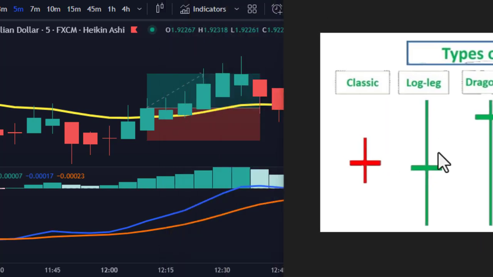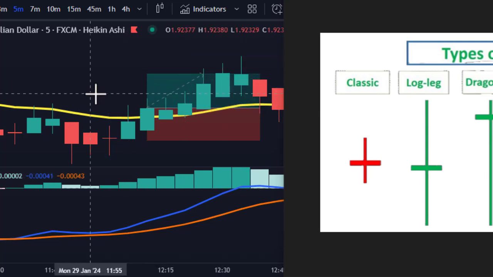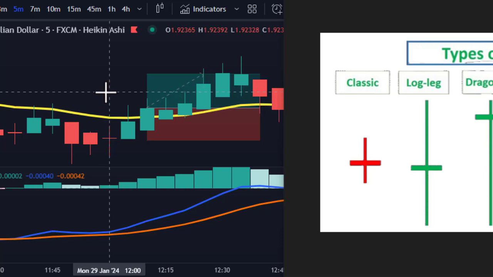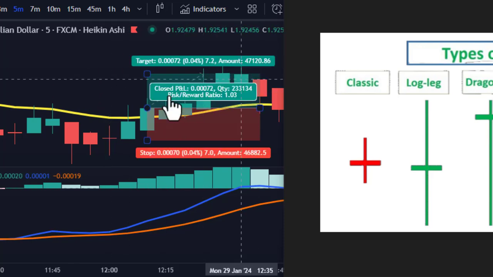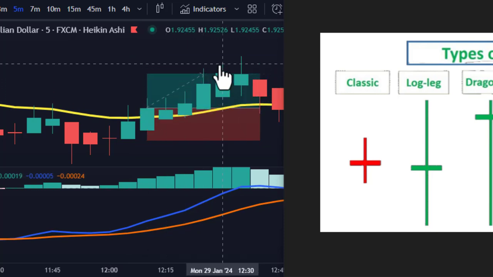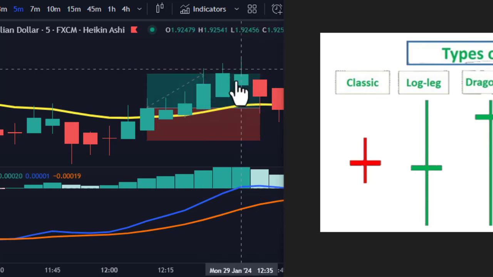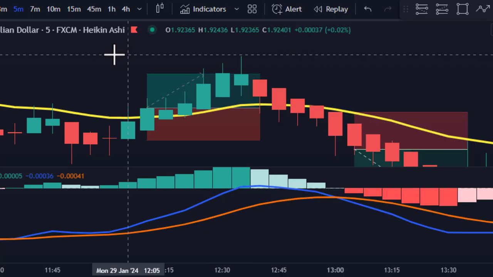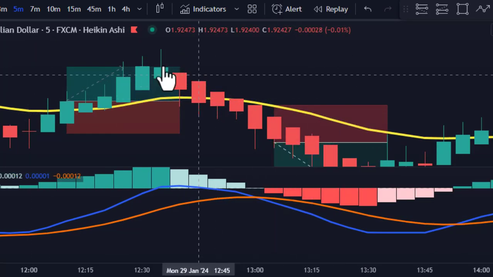What long leg means, again, is a very likely reversal about to occur. Buyers tried to push it up. They did push it up for 7 or 10 pips, but then they couldn't, and this pre-indicates to us that price will keep going down, which has happened over here.